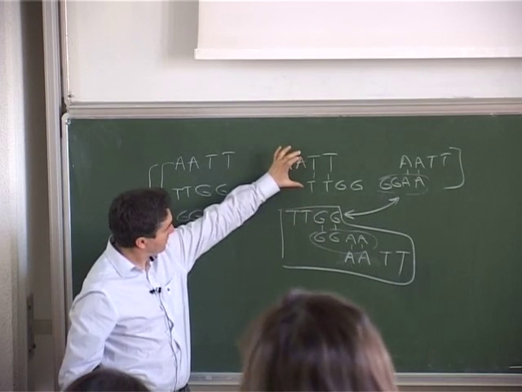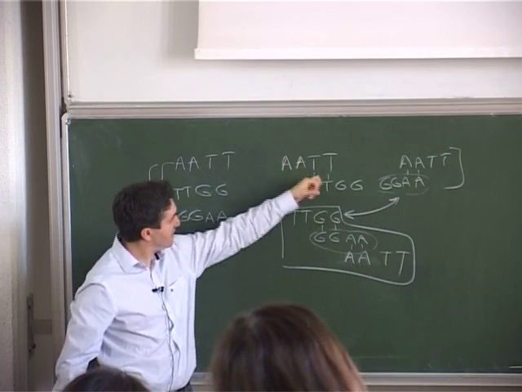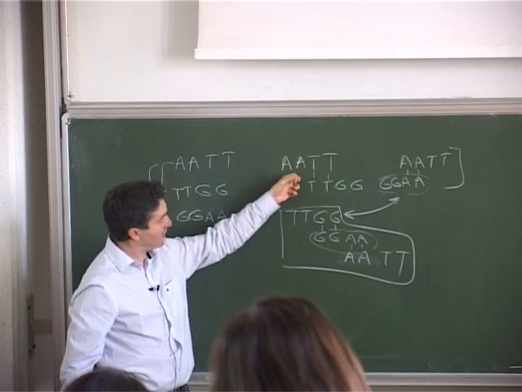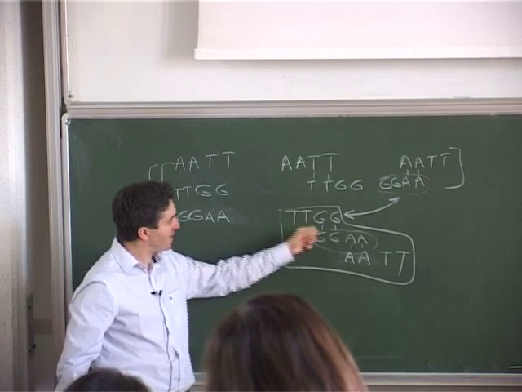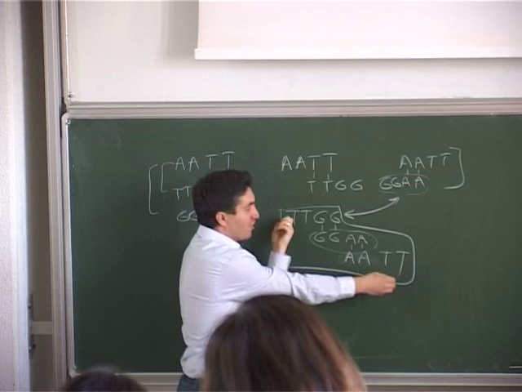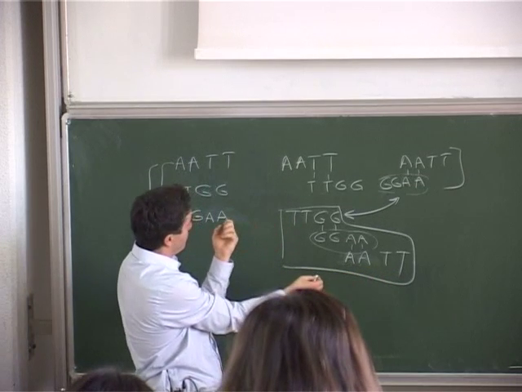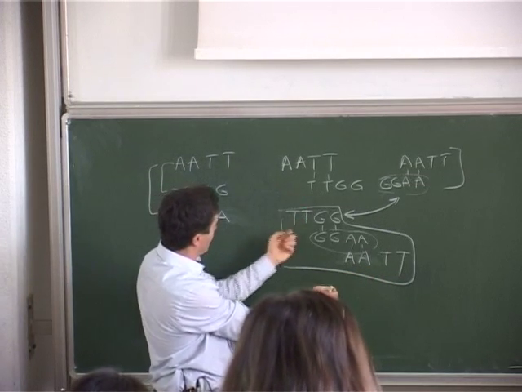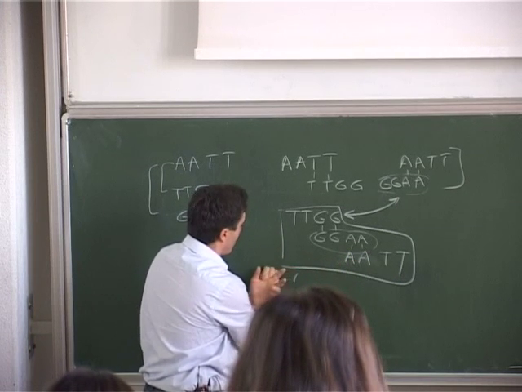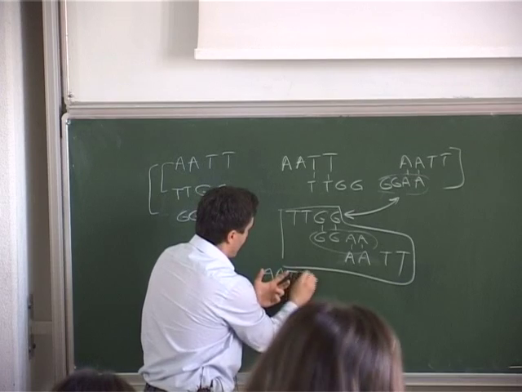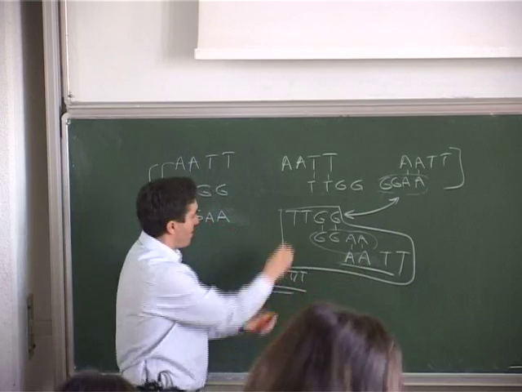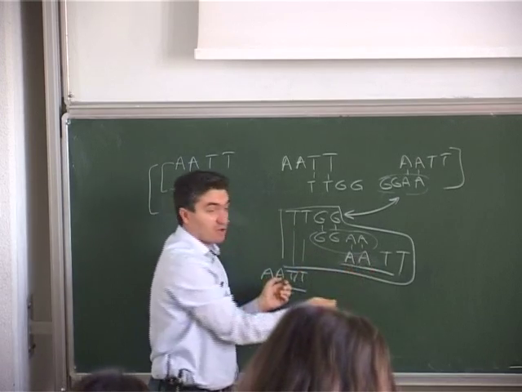Now, as you can see, this alignment is conflicting with this alignment, because in this alignment the TTs are aligned. So there's no way you can put the first optimal alignment and align these TTs. They are going to be in different parts of the sequence. If you try to put AATT to align with TTG, you cannot do that. You cannot have two copies of the same sequence.